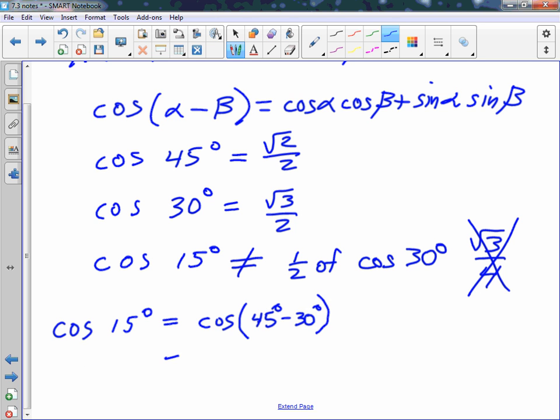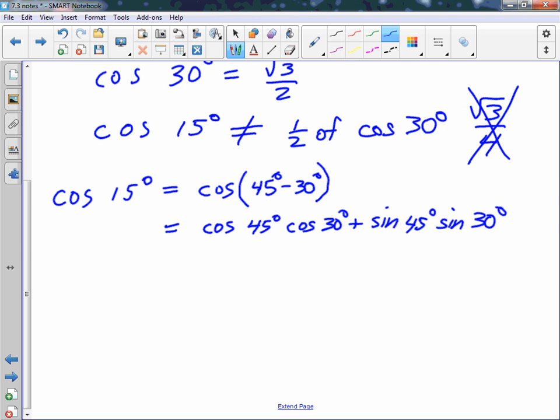So then that would equal the cosine of 45 degrees times the cosine of 30 degrees plus the sine of 45 degrees times the sine of 30 degrees. Okay. And that would equal, well, we just did it. We laid them out up here.